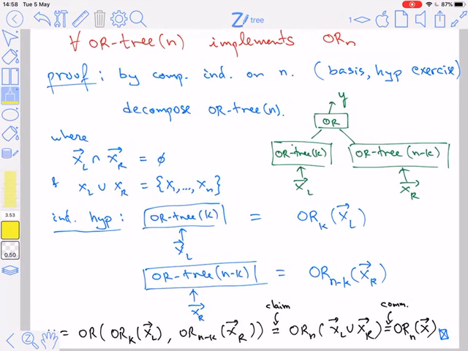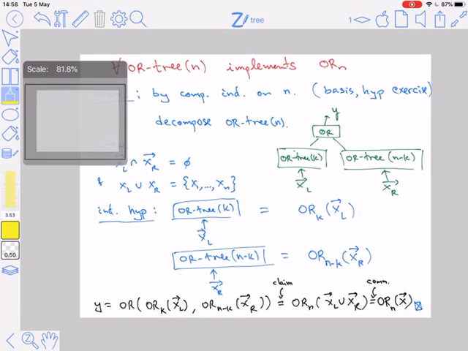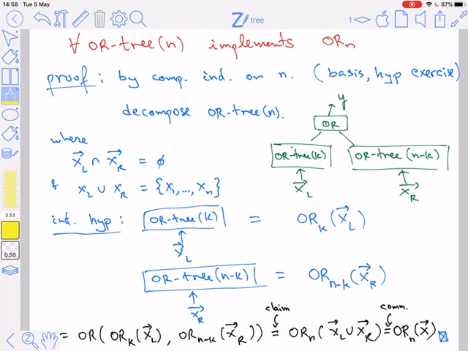Well, y equals the OR of the outcome of the left subtree and the outcome of the right subtree. But the left subtree, we know that is the OR of the bits in XL, and the right subtree, we know that it is the OR of n minus k bits of XR.